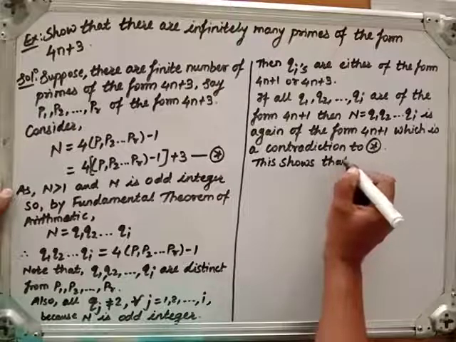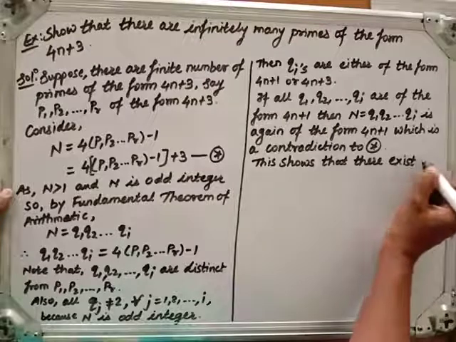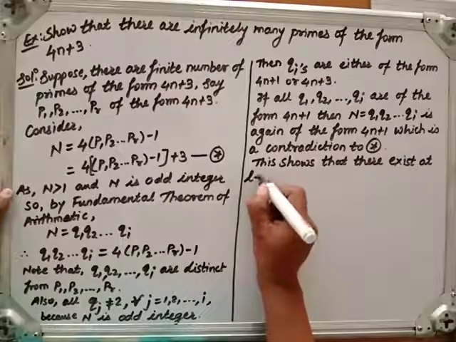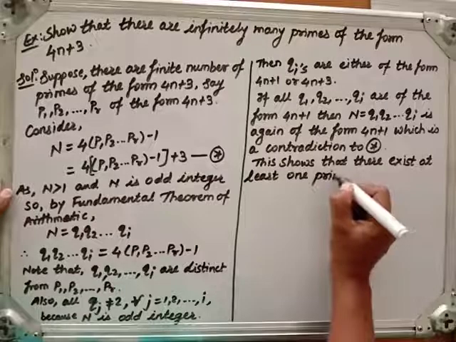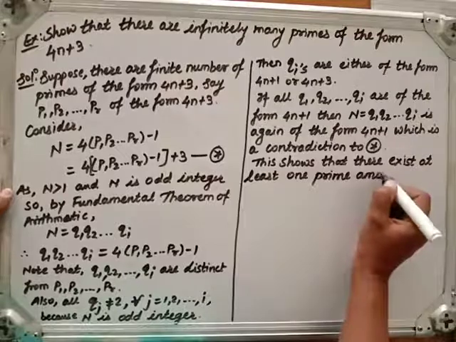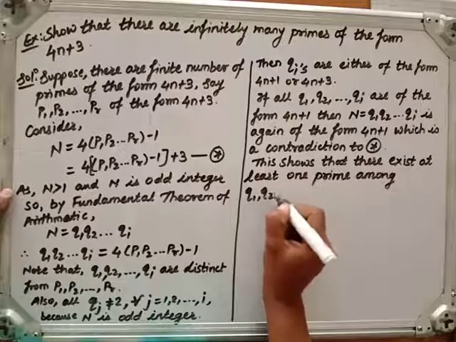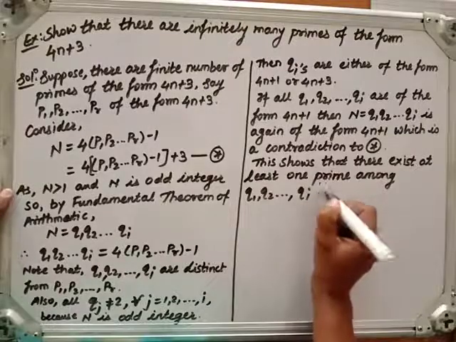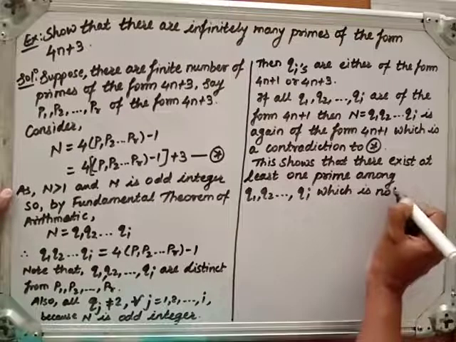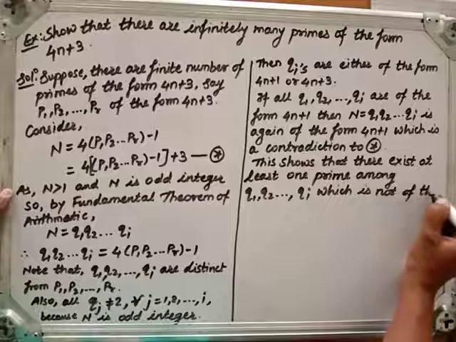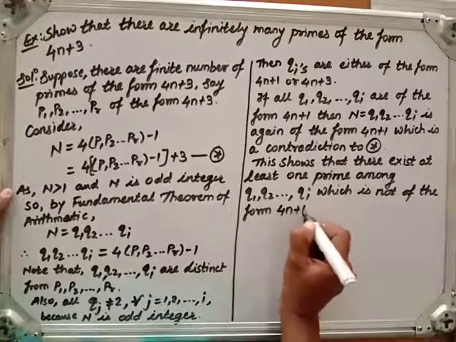This shows that there exists at least one prime among q1, q2 and so on up to qi, which is not of the form 4n plus 1.